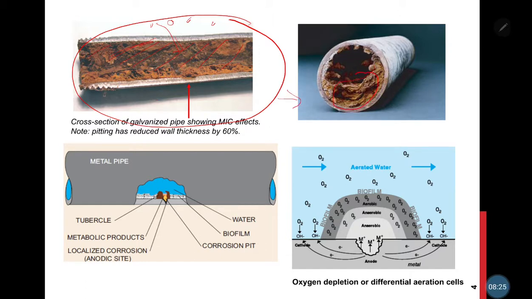This one dia dah nak masuk bentuk bioconcretion. So MIC ni dia bermula dengan pelekatan, kemudian dia membiak, kemudian dia makin membesar. Bila dia berada pada satu tempat, mungkin dia akan menyebabkan juga pitting corrosion, which is benda ni boleh menjadi berlubang.